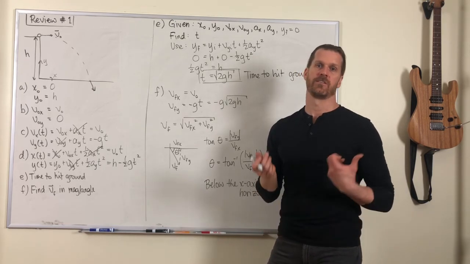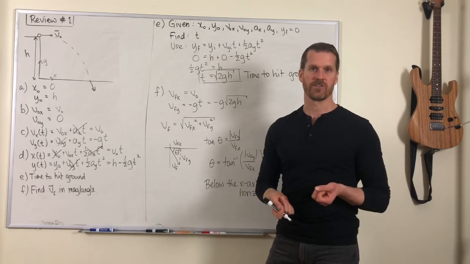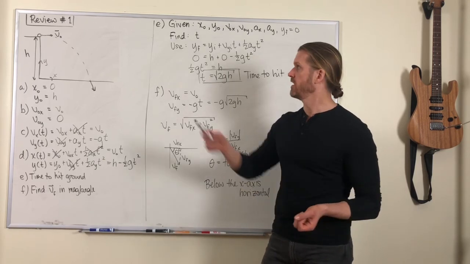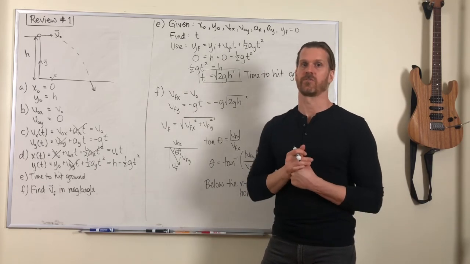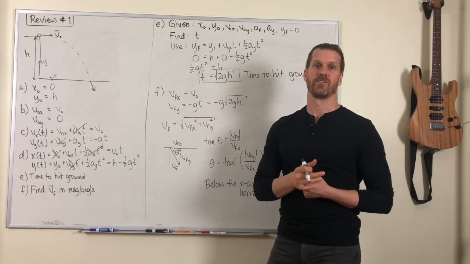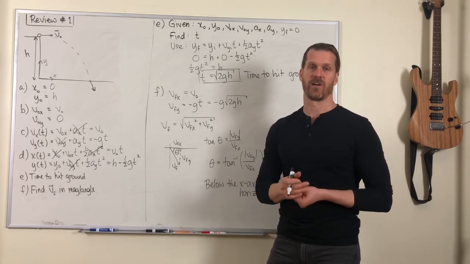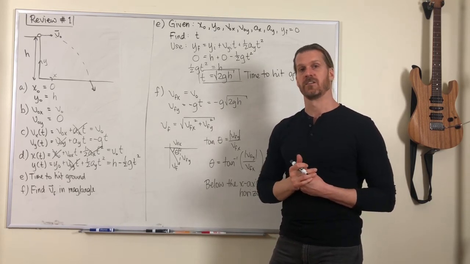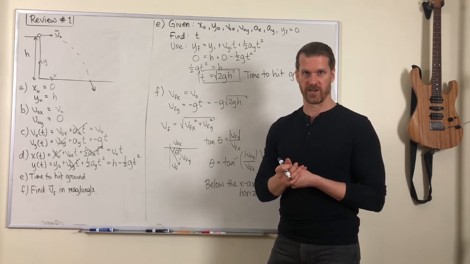Acceleration is what changes velocity. So if there's no acceleration, velocity is not going to change, and this projectile is going to move at a constant speed in the horizontal direction. Whereas in the vertical direction, there is an acceleration that comes from the gravitational force, and the vertical velocity of the stone will change.